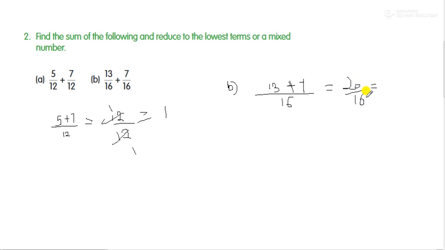So here 4 4s are 16, 4 5s are 20. So here 5 by 4, or make it as a mixed number. Divide with the 4, 4 ones are 4. So the remainder is 1. Quotient is 1 and the remainder is 1 and the divisor is 4.